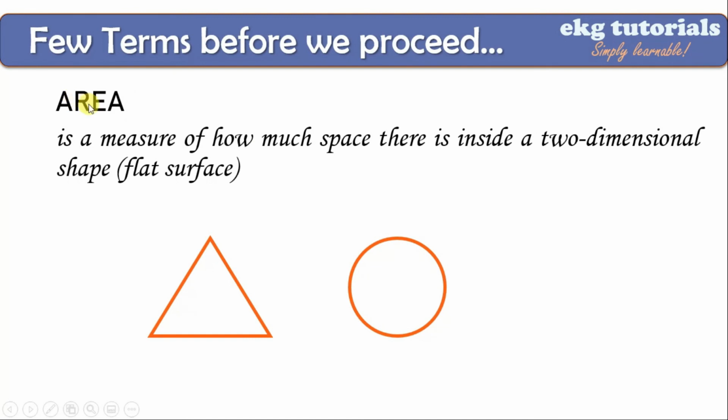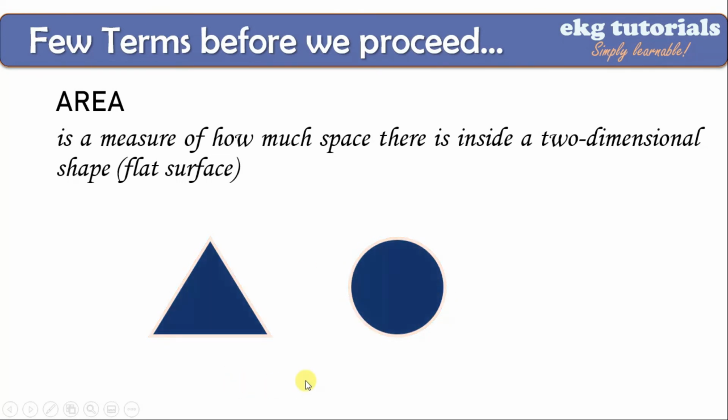But when we talk about area, here we do not talk about length or yung haba, pero yung space. Sabi dito, space sa loob ng ating two-dimensional na object. So instead of this length or this distance, yung kukunin natin is itong space inside this particular shape. So that's for area.